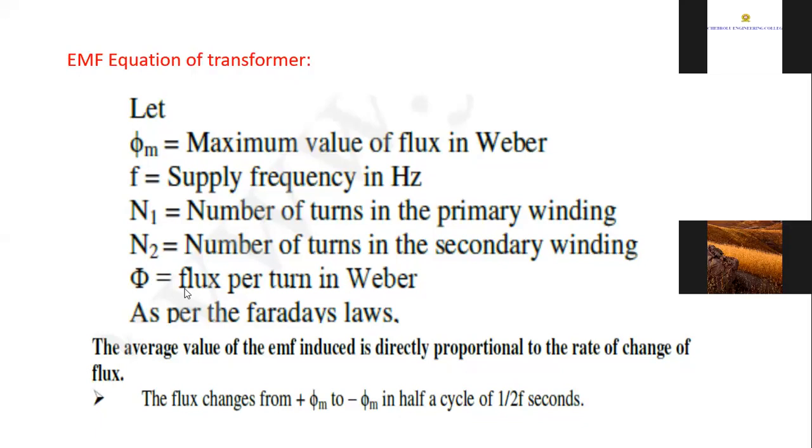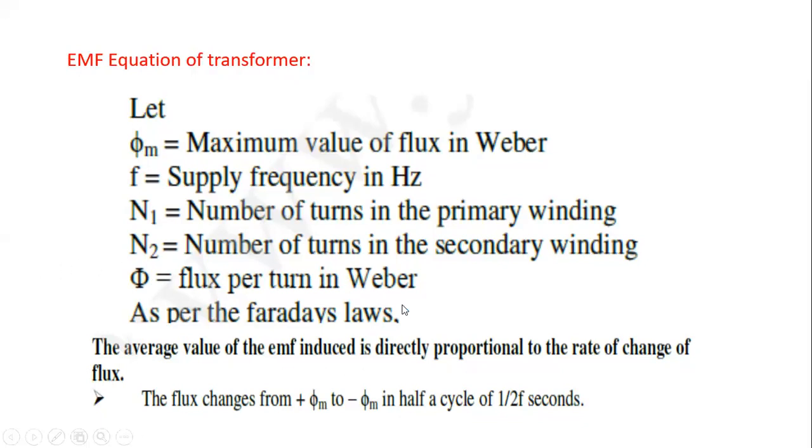As per Faraday's law, the average value of EMF induced is directly proportional to the rate of change of flux linkages. What is the formula for Faraday's second law? The EMF is directly proportional to the rate of change of flux linkages, that is d phi by dt.